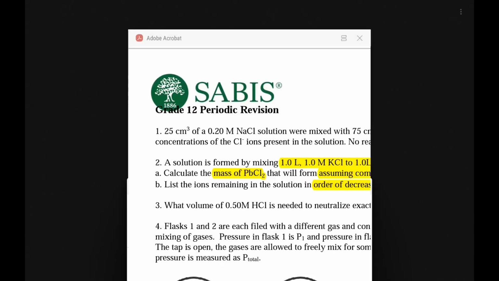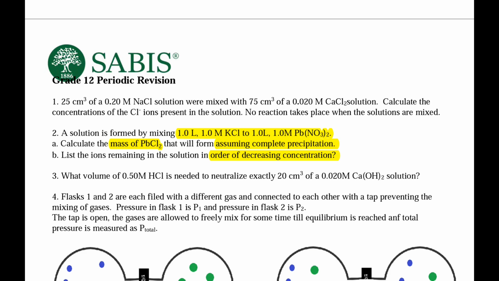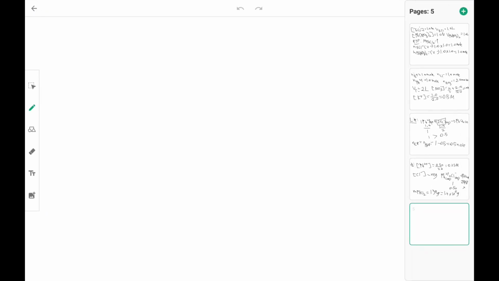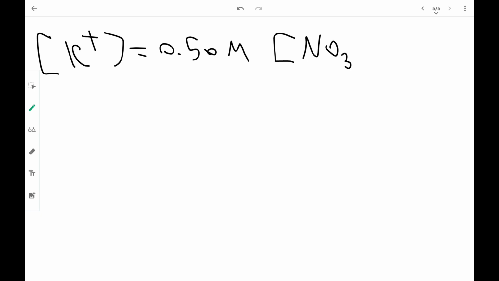Now, for part B, list the ions remaining in solution in the order of decreasing concentration. Okay, so we already got the concentration of K+, which is 0.50 molar, and the concentration of NO3 minus, which is 1.0 molar. Now let's find the concentration of Pb2 plus.